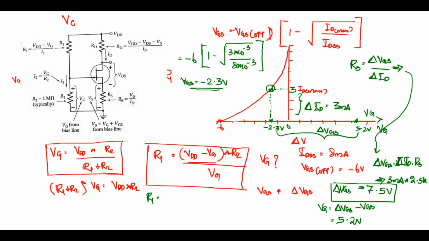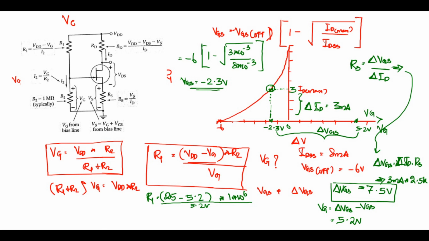VDD is 25 minus 5.2 volt, multiplied by R2 which is 1 into 10 to the power 6, divided by VG, that is 5.2 volt.